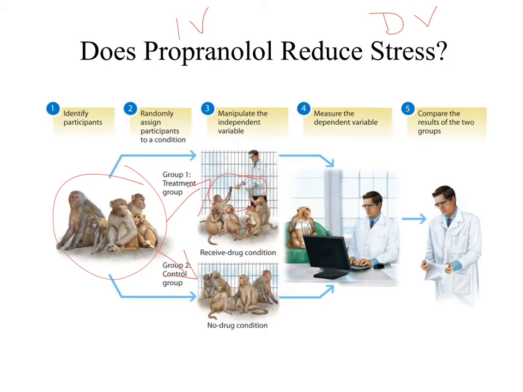At the end, we measure the dependent variable, in which you see the little chimp being attached to an EKG. We measure their heart rate, and based on the findings, we hope that this group here had a lower stress level than this other group at the bottom. If they did, and we compare the two, then we would say we had a significant outcome.